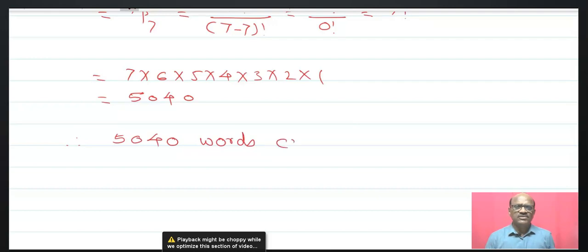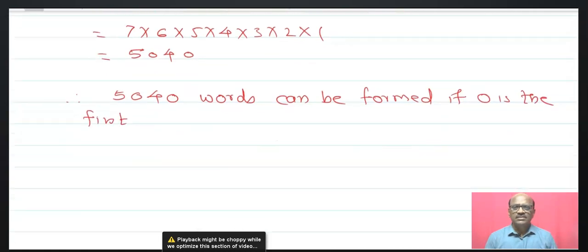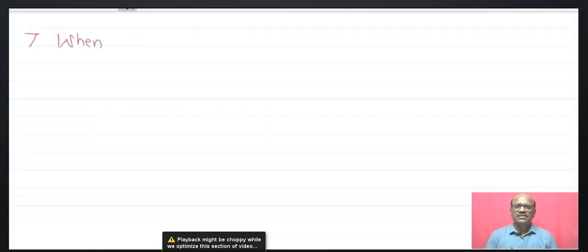The words can be formed if O is the first and T is the last letter.